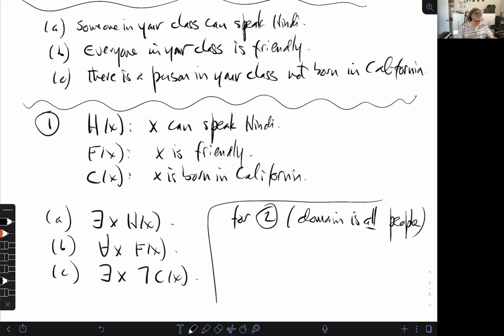I will use a new predicate, let's call it D for discrete math. D of X: X is in the class. I'm going to use this predicate to specify that somebody is in the class.